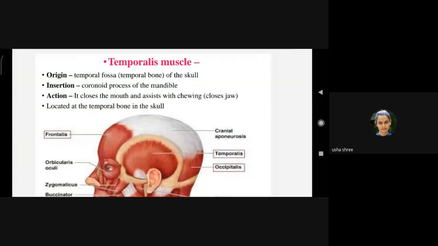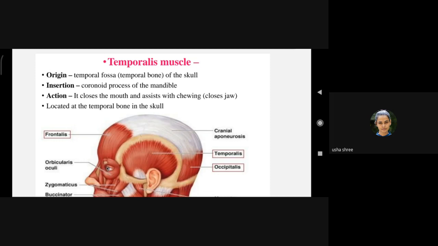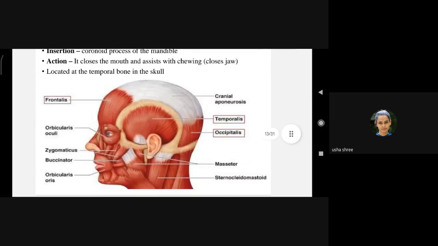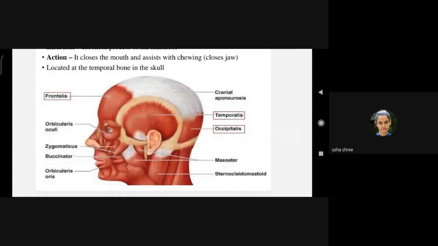Please tell me which bone is the mandible? Jaw. Which jaw? Lower jaw. Yeah, very good. So the temporalis muscle originates from the temporal fossa and is inserted into the mandible.